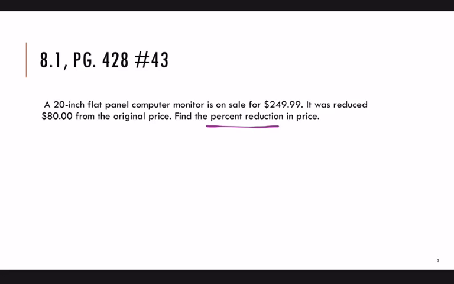We're looking for the percent reduction, and proportions are percent over 100, and then either part over total, or sometimes the word is over of, whatever numbers are associated with those words. Okay, so in this problem, we're looking for the percent reduction.